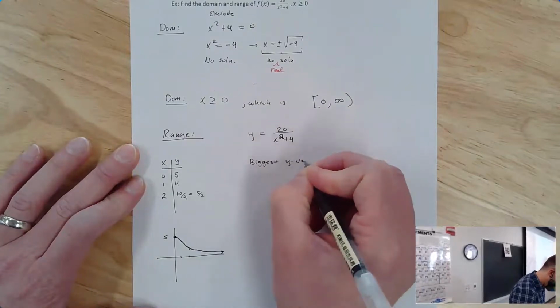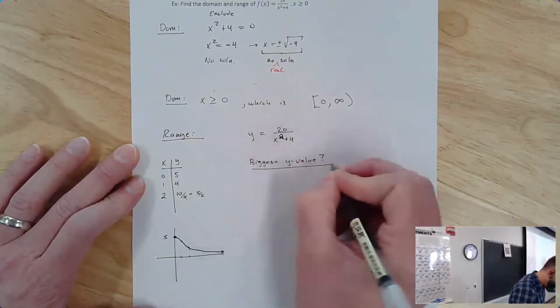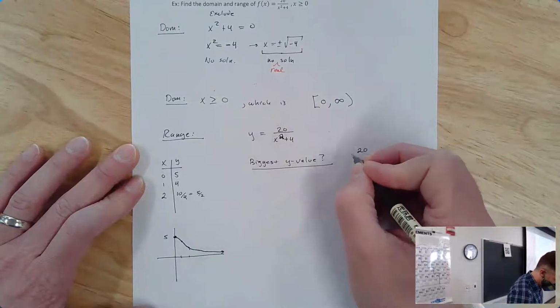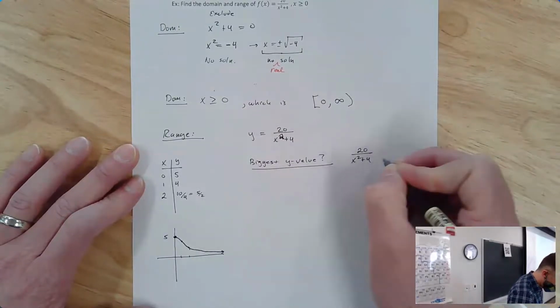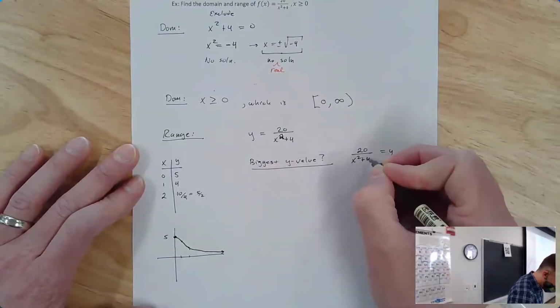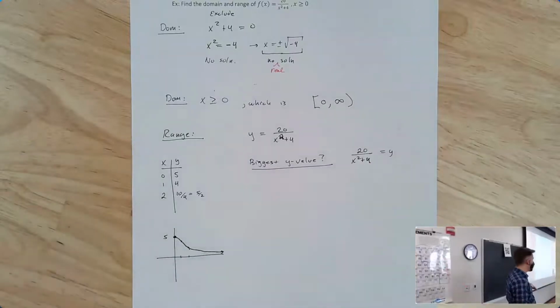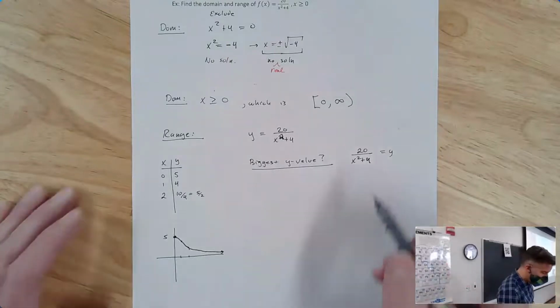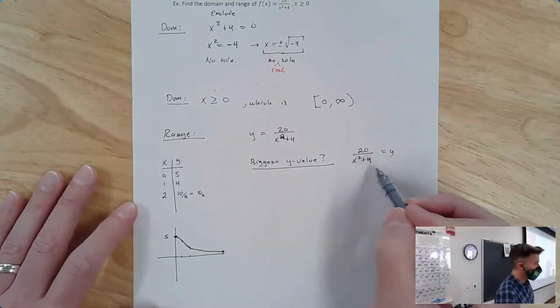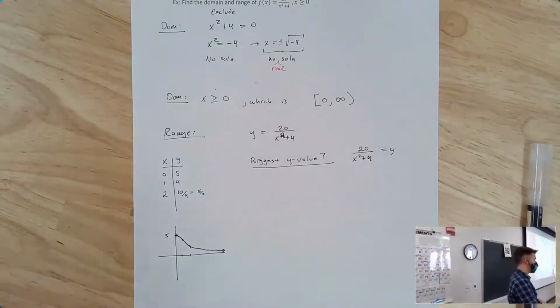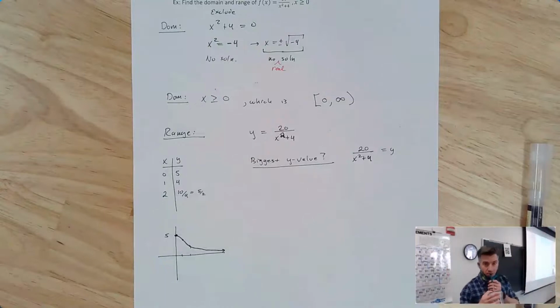Why would that be true? Well, if I'm looking at 20 over x squared plus 4, if I want to make a fraction big, do I want to make the denominator big or small? Yeah, small. What's the smallest this denominator can be? Sorry, say that again.